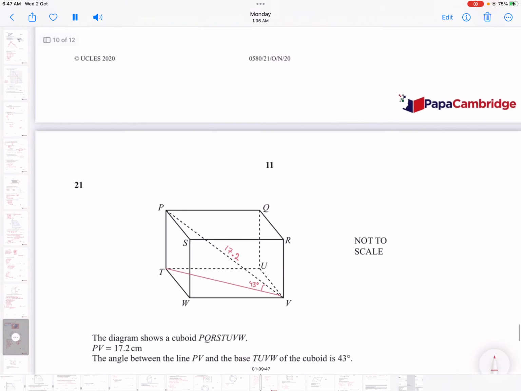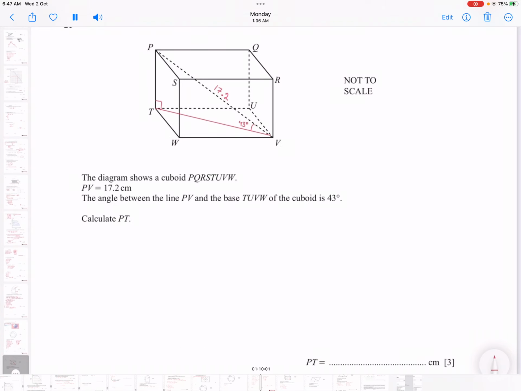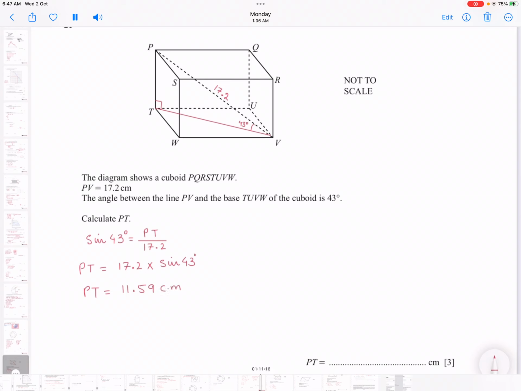So now you can find using, this is 90 degrees here at the bottom, sine of 43 degrees equals PT over PV, opposite over hypotenuse. So this is PT, 11.59, which is 11.6 to 3 SF.